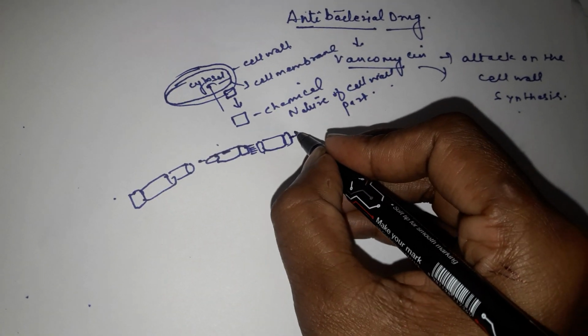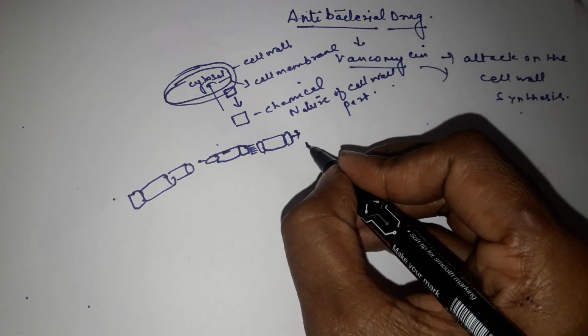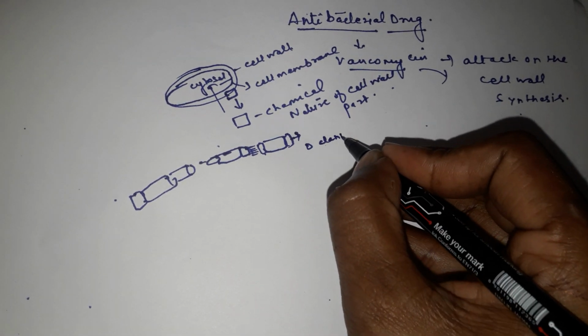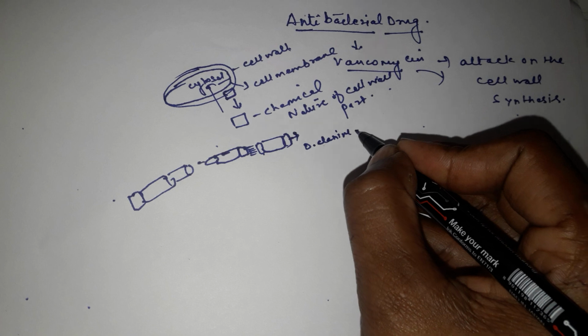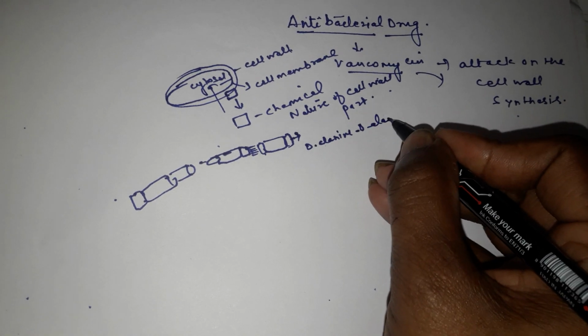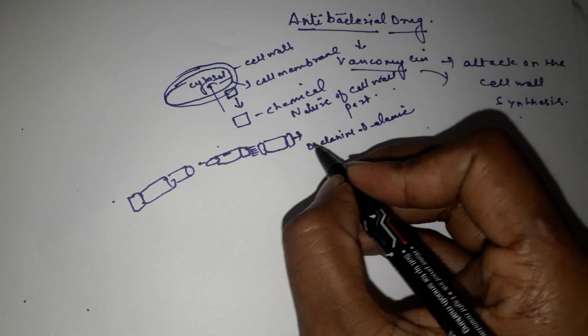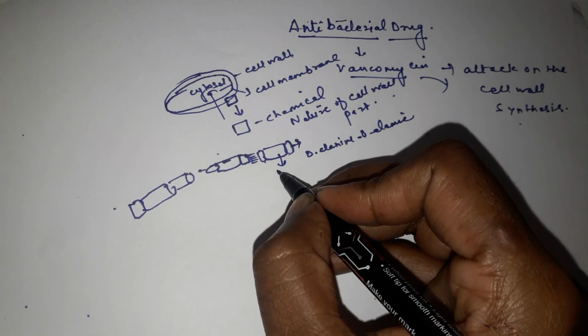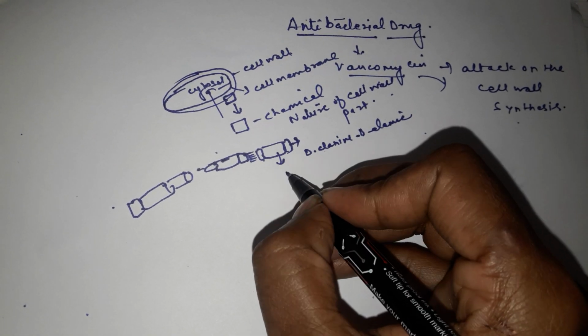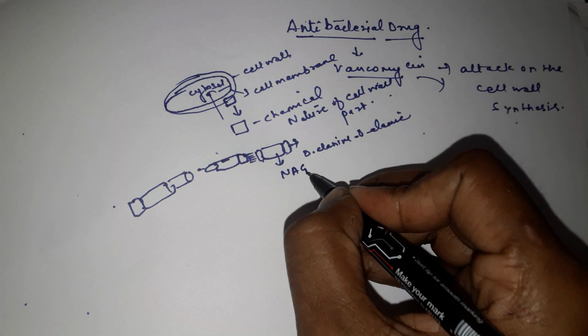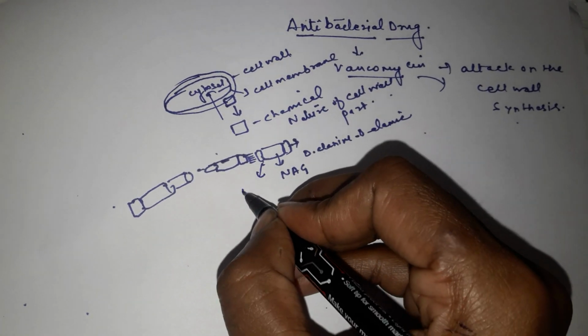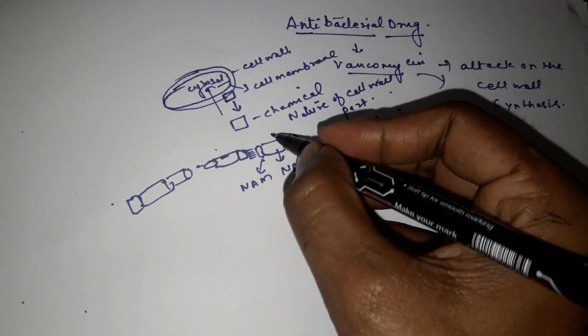The name of this one is actually L-alanine, D-alanine, meaning it is a polymer of amino acids. This structure is considered as NAG, and this one is named NAM.